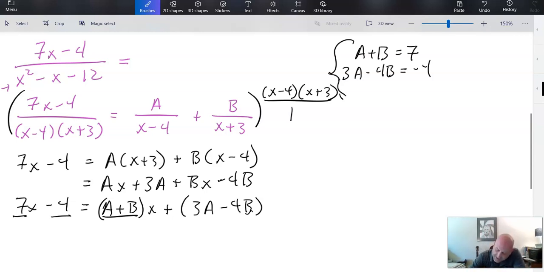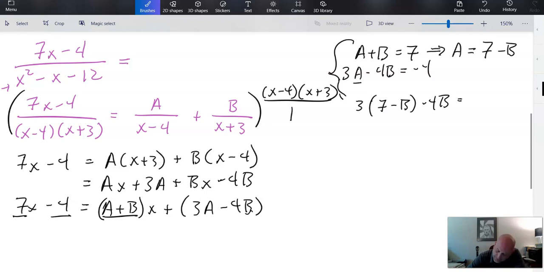So here I can say that if I subtract b over, a is equal to 7 minus b, which means that anywhere I see an a in the other equation, I can replace it with 7 minus b. And I have one right there. So it's 3 times 7 minus b, minus 4b, is equal to negative 4.